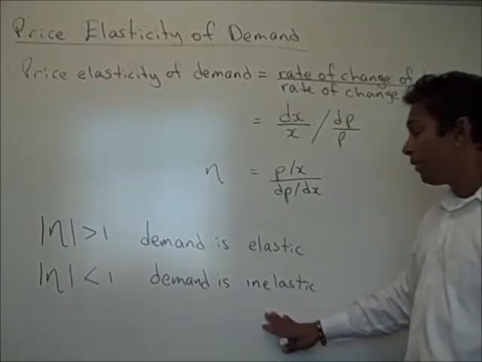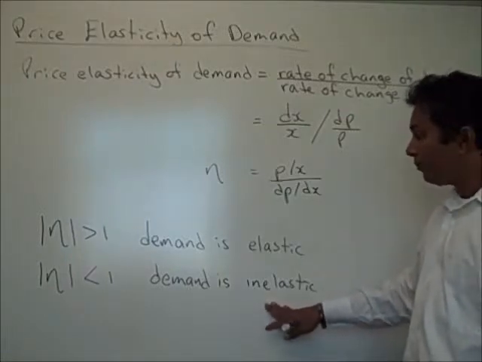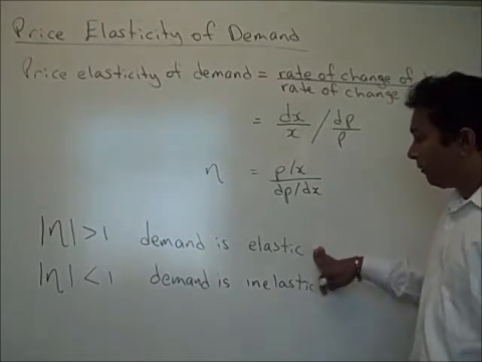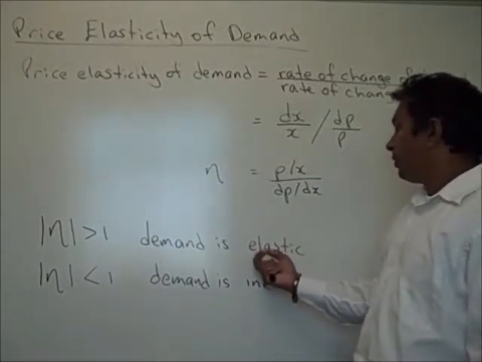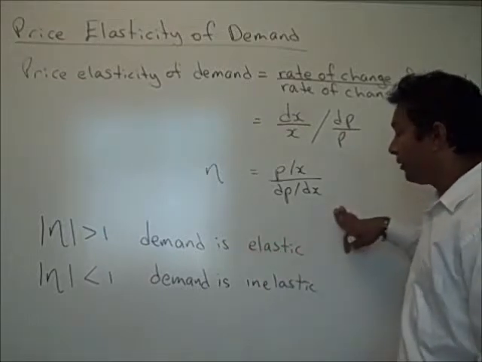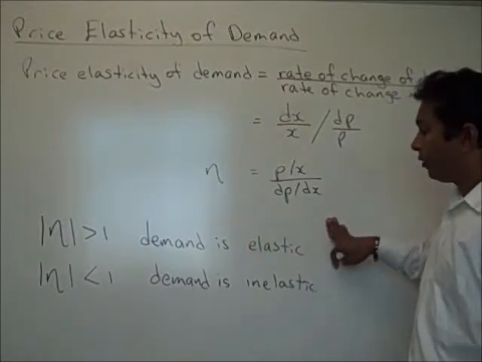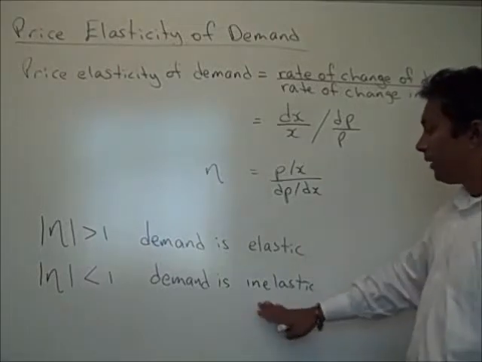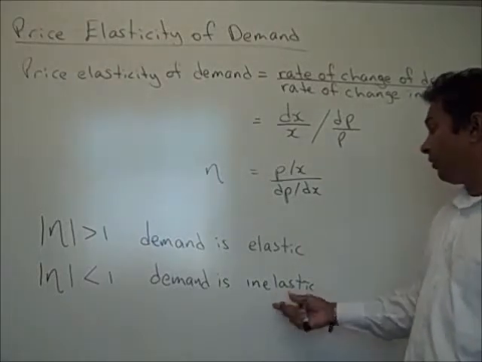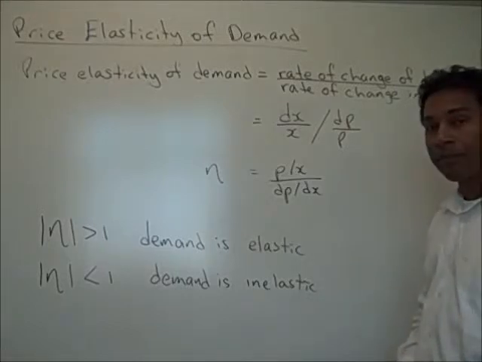Or some tobacco products or alcohol. Here, if the price goes down, then we might actually increase our consumption or buy more. So that's elastic. And inelastic, a change in price does not affect a change in demand.